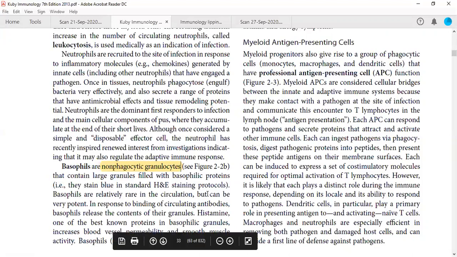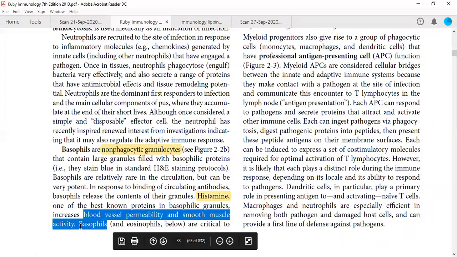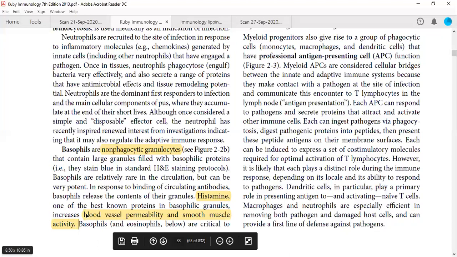Basophils are relatively rare in circulation, but can be very potent in response to the binding of circulating antibodies. Basophils release the contents of their granules. Histamine, for example, one of the best-known non-protein molecules in basophilic granules, increases blood vessel permeability and smooth muscle activity, and this can result in an allergic response, right?